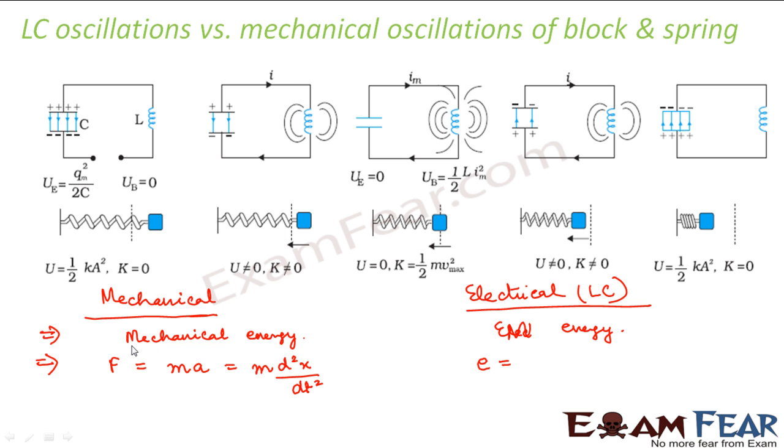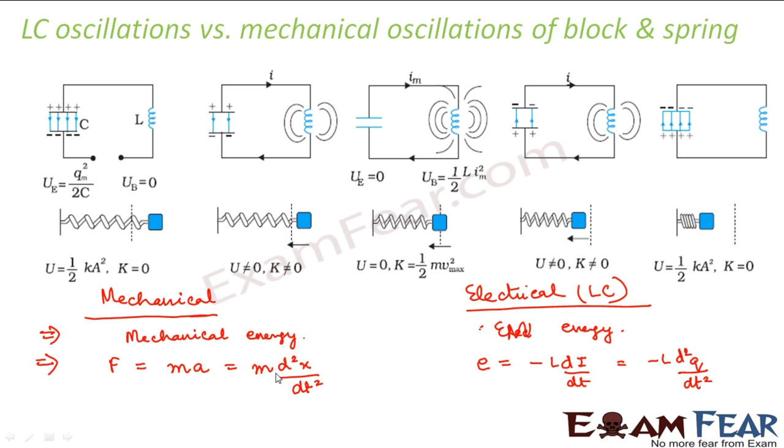In the mechanical system, the force given by mass into acceleration is the cause of the oscillation. In our electrical circuit, the induced EMF is the cause of the oscillation. Because of the induced EMF, there is charging of the capacitor, and because of the induced EMF again, there is discharging of the capacitor. This induced EMF is given as L di by dt, which is equal to L d square q by dt square.